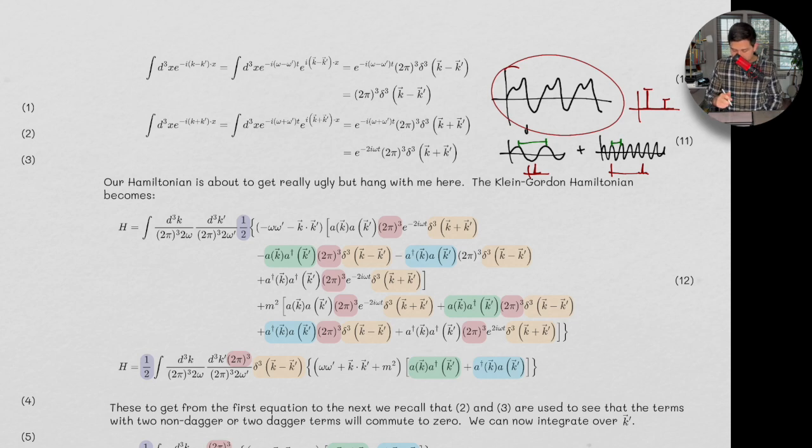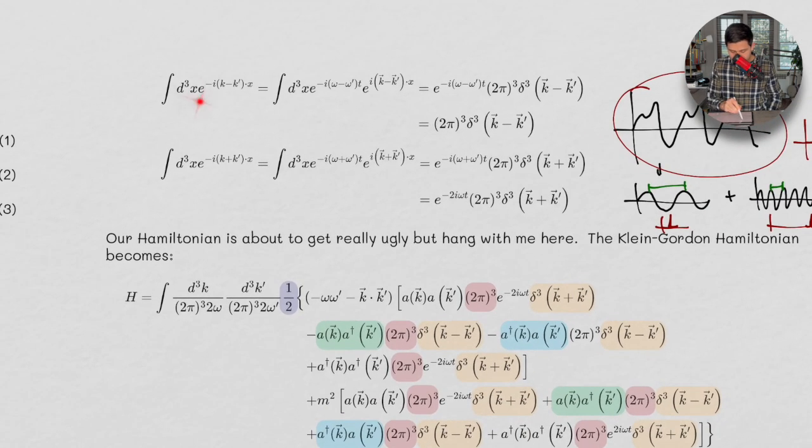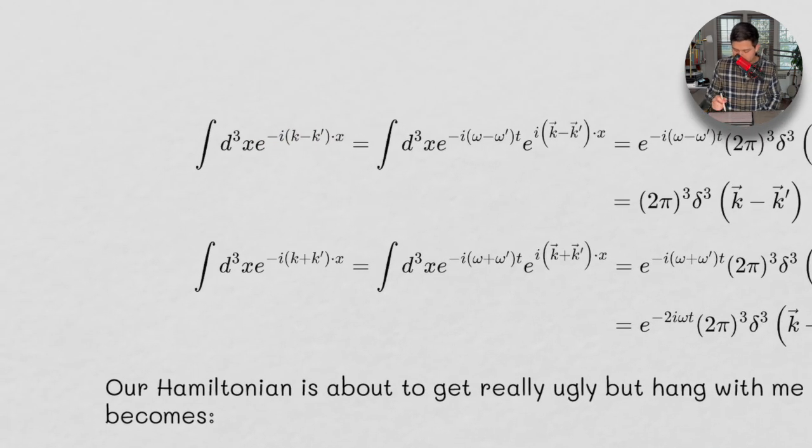What we can do now is we could see that if we have some wave, e to the i k minus k prime, we could split that up into the k minus k prime. There's a little bit of ambiguity here, because when there are no arrows, we're supposing that these are four vectors.